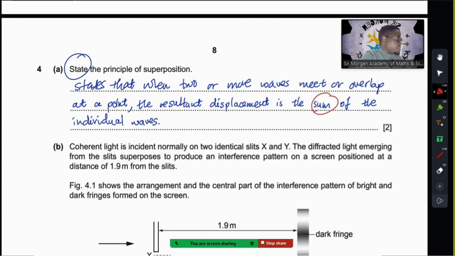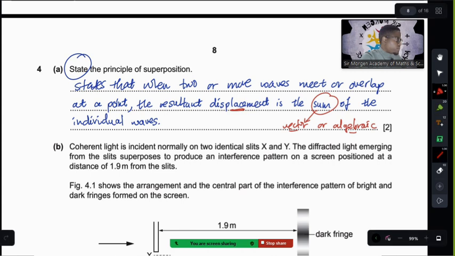if you come to this point on the sum part, is it the vector sum or the algebraic sum? It's not really necessary to highlight these two. What we have to understand is that we're talking about displacement, and displacement is a vector quantity, so it's not necessary for you to state that this is a vector sum or the algebraic sum of the individual waves.